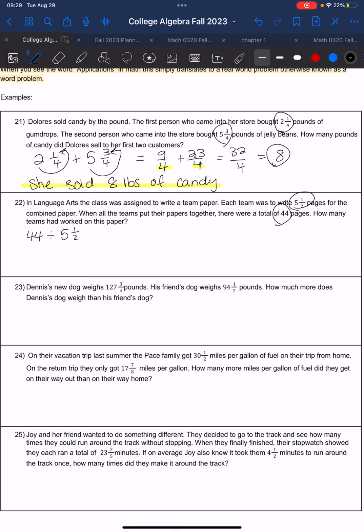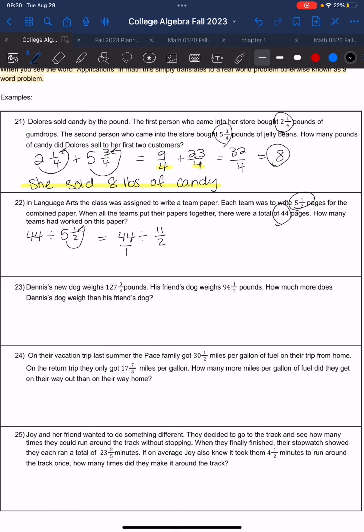Okay. So first, I'm going to turn this second fraction into an improper fraction. So in doing this, I have 44 divided by 11/2. Since I'm dealing with fractions, I want to turn that 44 into a fraction. So I'm just going to write it over 1.